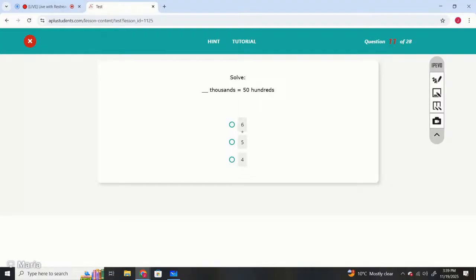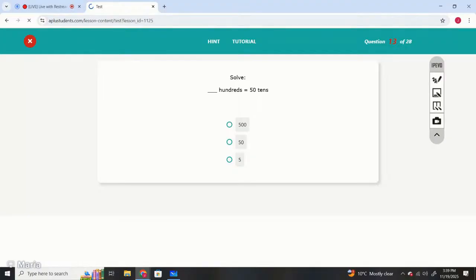That is 50 hundreds equal 5 thousands. Option number 2 is the correct option. 8 hundreds equal how many tens? 8 hundreds equal 80 tens. Option number 3 is the correct option.